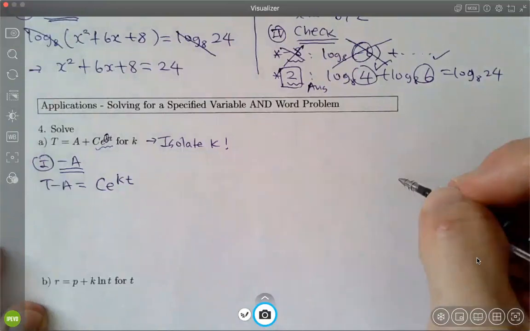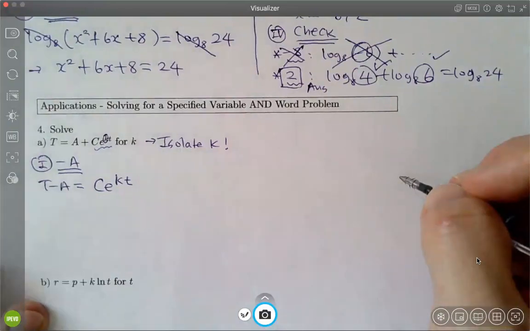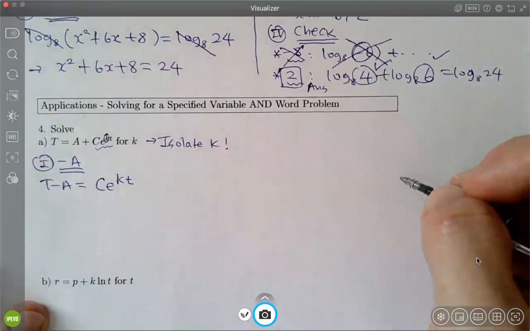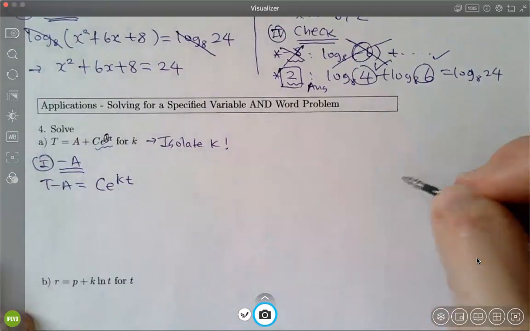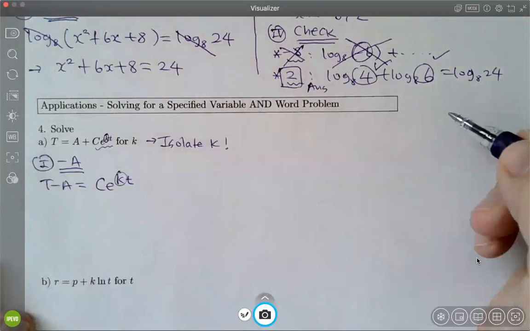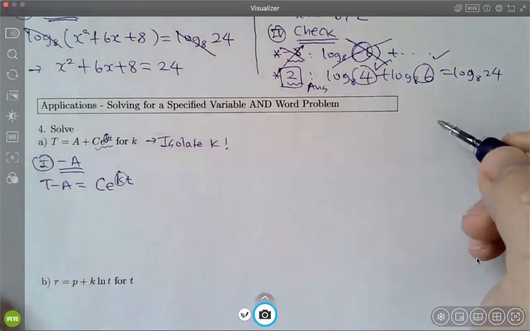Okay, and now, can you see what the next step is to isolate k? Divide by c. Divide by c, yes. Okay, and what's the reason?